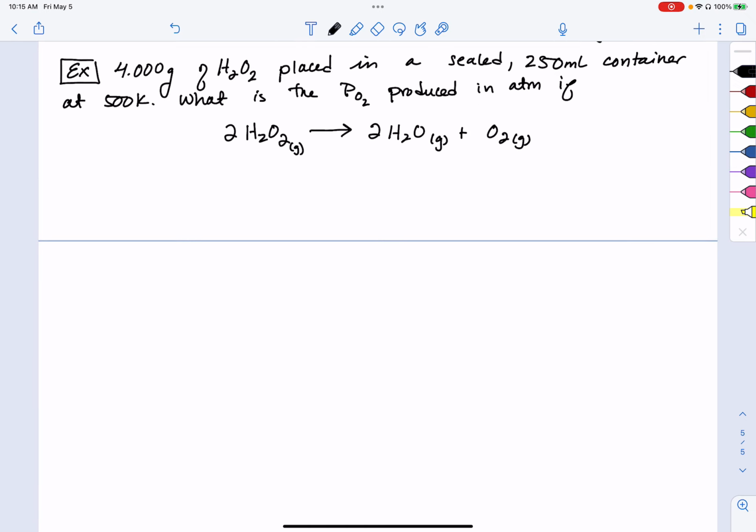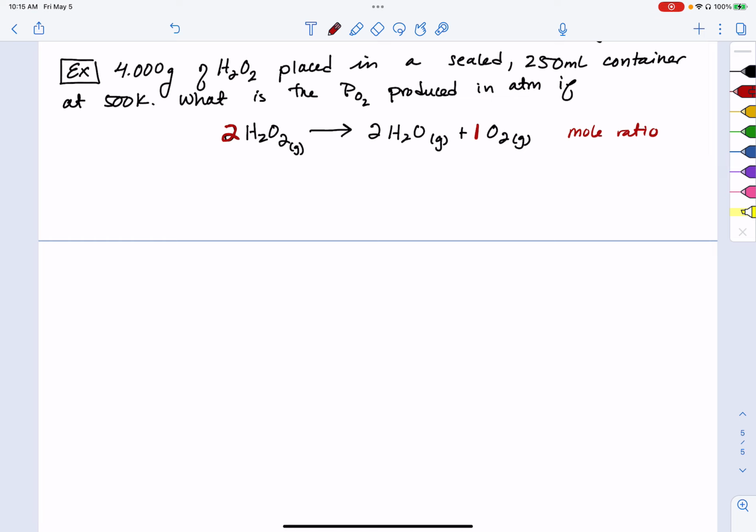All right. So if I'm going to try to figure out how I can get the quantity of product, I'm going to first recognize that for every 2 moles of H2O2 reacted, that creates 1 mole of O2. So this is my mole ratio.